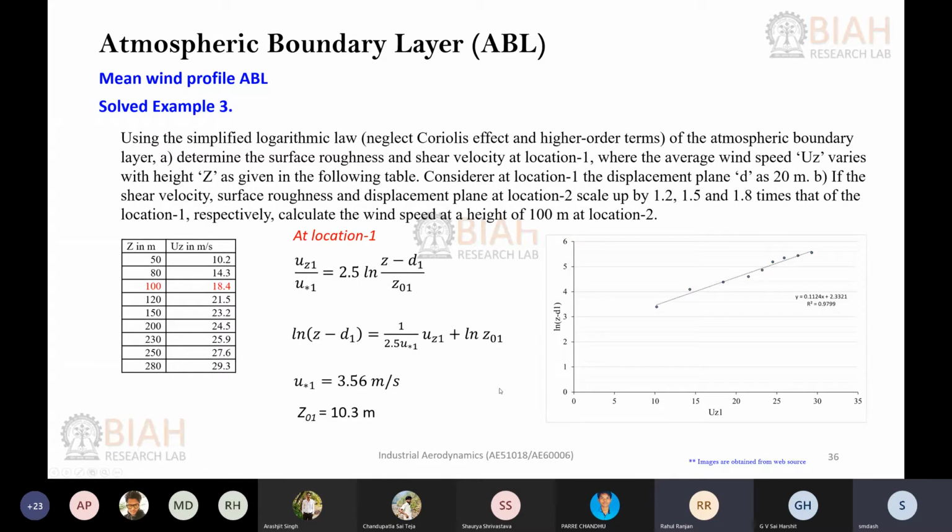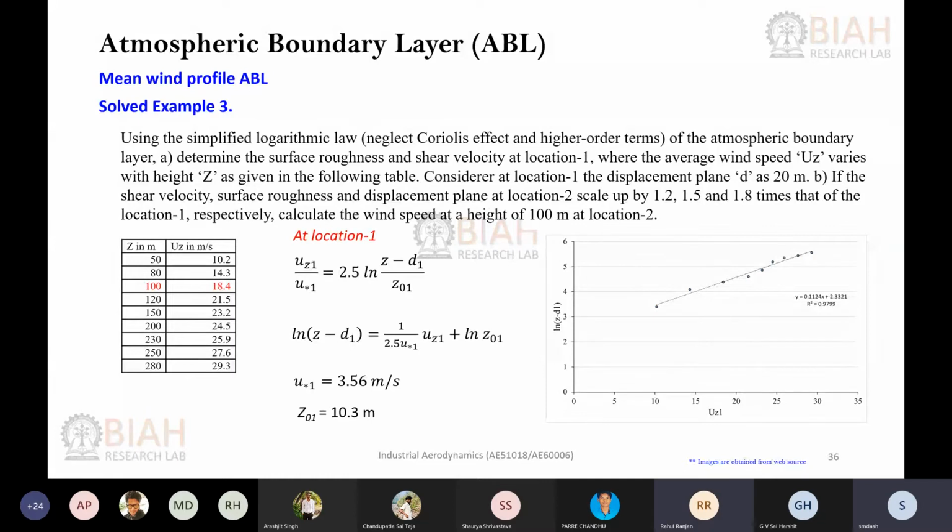Sir, I have one question. In the previous example Z0 is 0.3 meter and D is 20 meter. How can it be an average? Z0 is something which we define experimentally; this is the surface roughness coefficient.